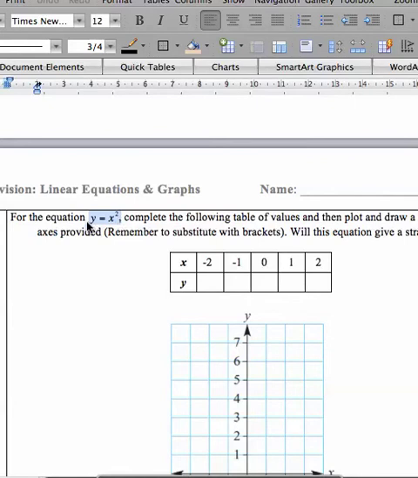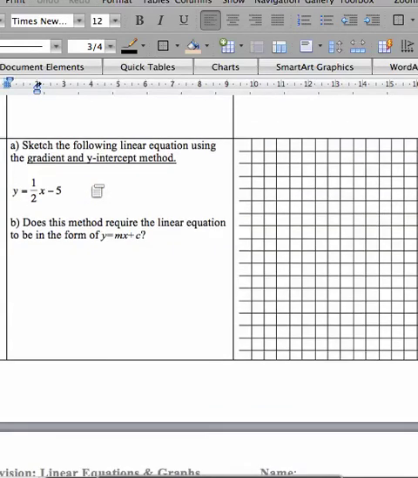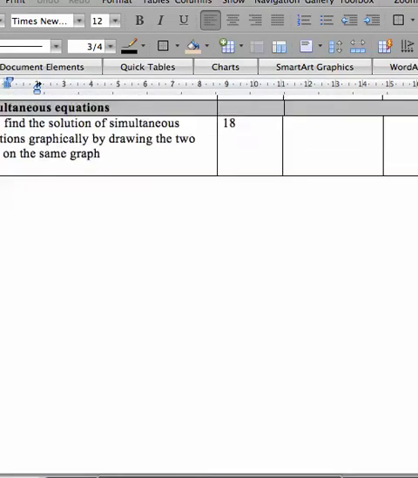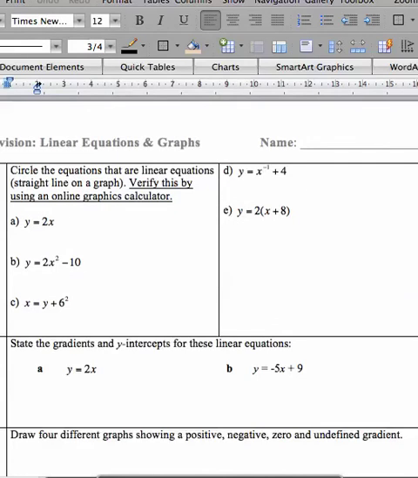We know the powers of y and x have to be a positive one, otherwise we won't have a straight line. And just before we do this question, if we go to question 1, where is it? That was the question we started off with. Circle the equations that are linear equations that will give us a straight line.